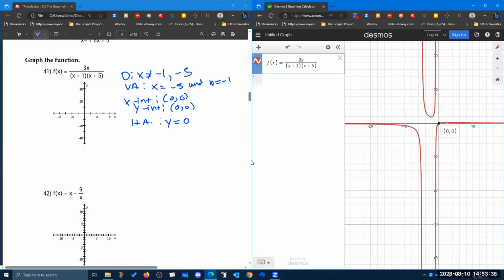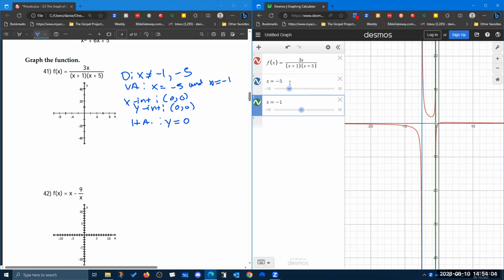Again, I'm just going to mark this up, showing the vertical asymptotes at x equals -5 and x equals -1. Those vertical lines are where the graph approaches but doesn't touch.